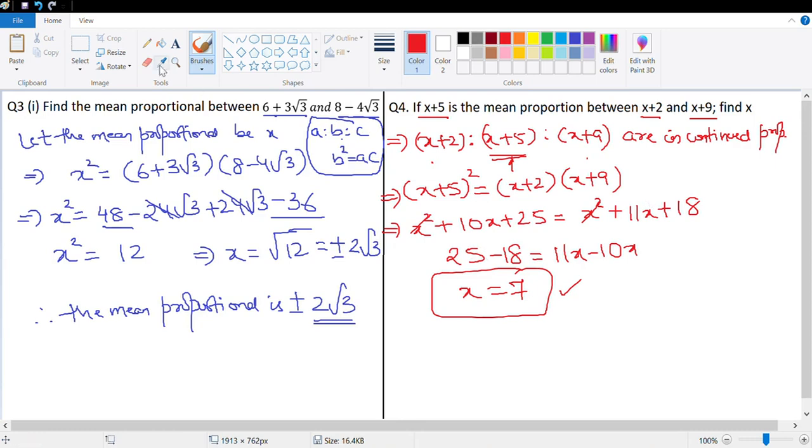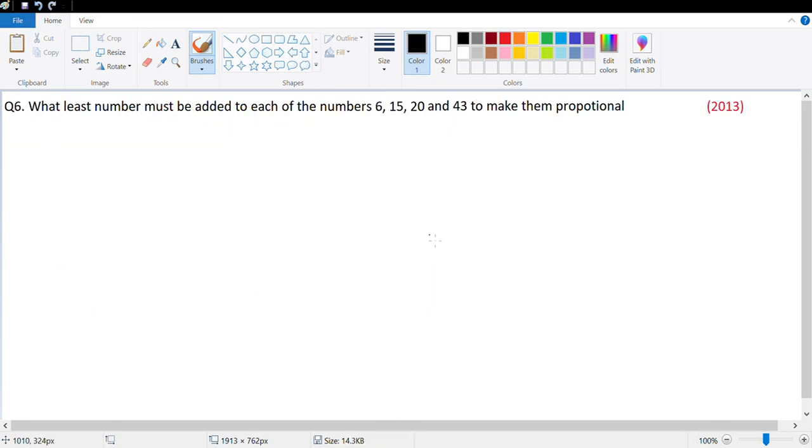Good, let's look at the next question. The next question that we are doing is question number 6. Question number 6 says, what least number must be added to these 4 numbers to make them proportional? So let x be added to make them proportional.